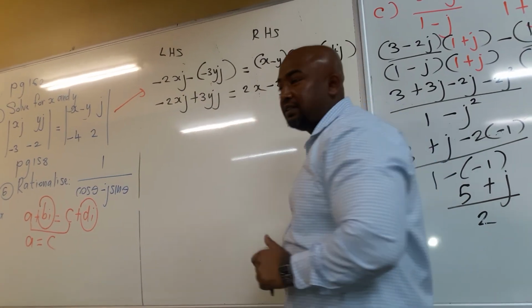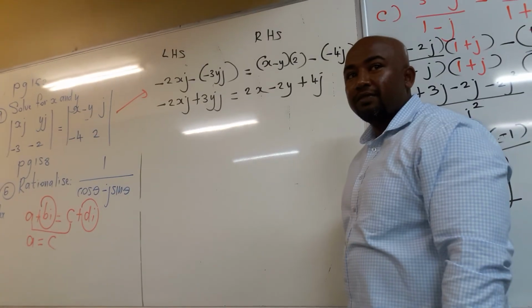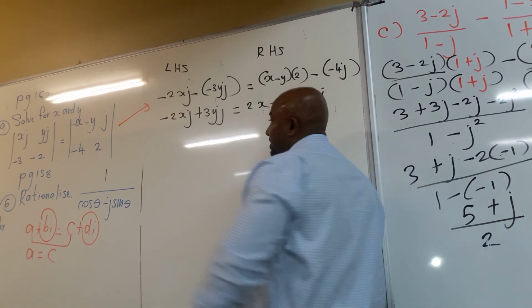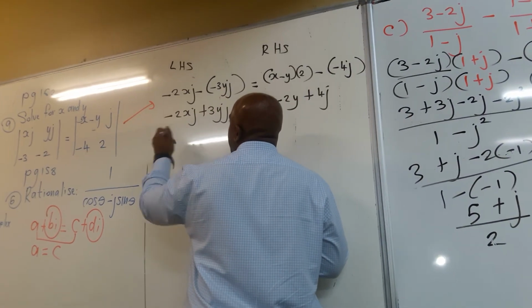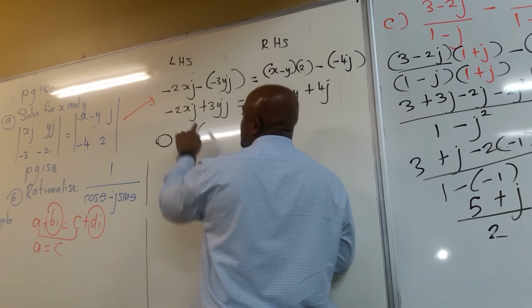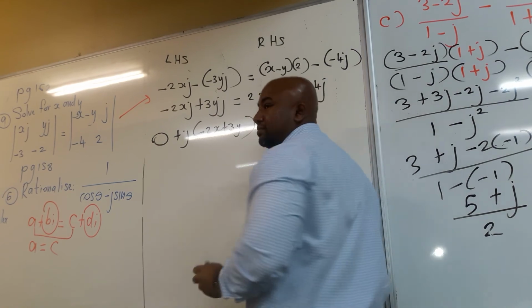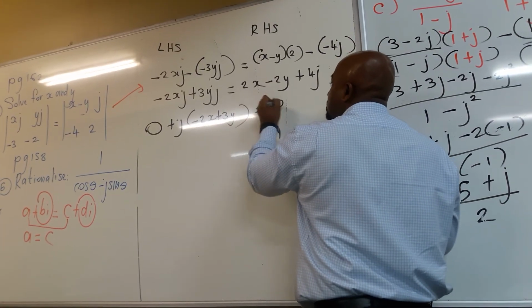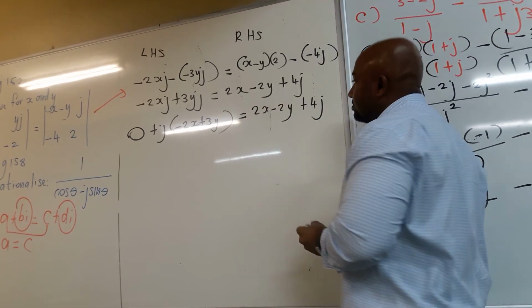You're clear with that? So, what's real on the left hand side? What's real there? 0. There's nothing here, so it's a 0. If I take out j as a common factor, I'm left with minus 2x plus 3y. You're clear with that? Here, this is just 2x minus 2y plus 4j.